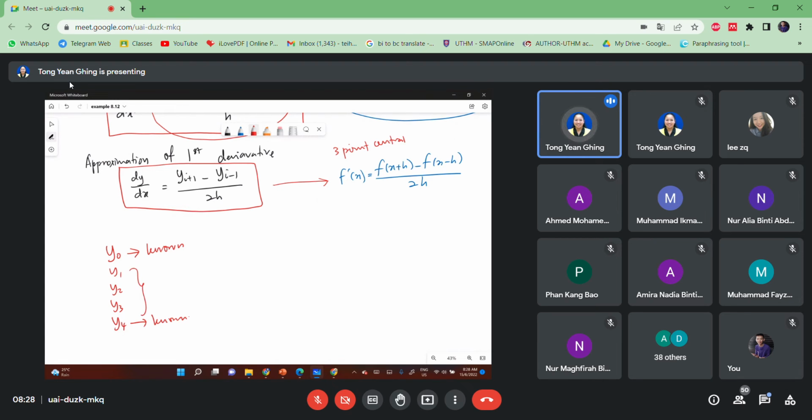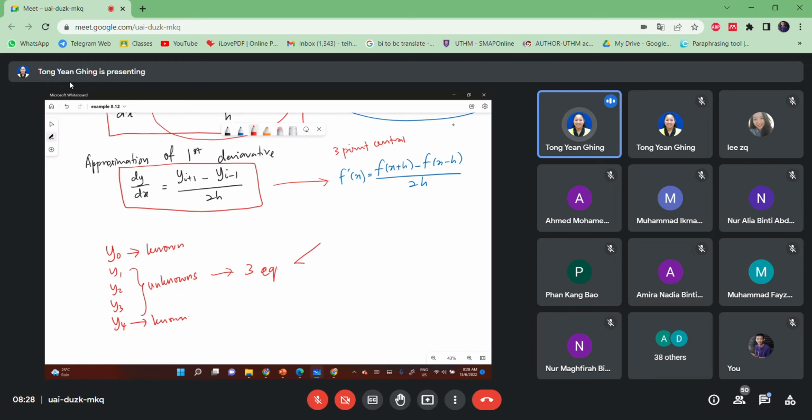That means we have to find y1, y2, y3. When we have three unknowns, we have to have three equations.